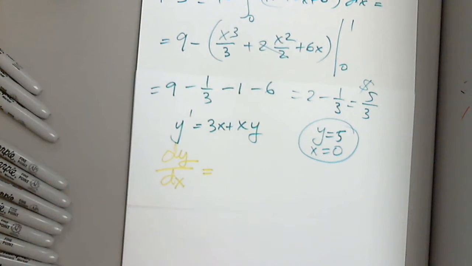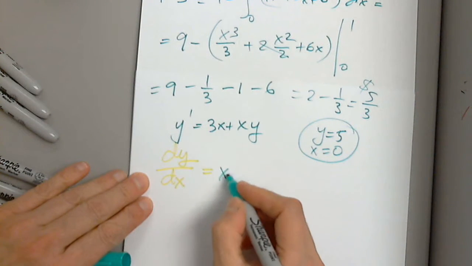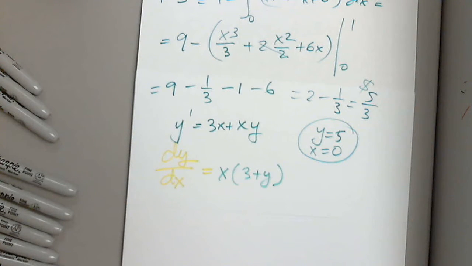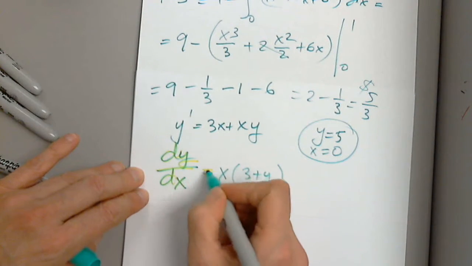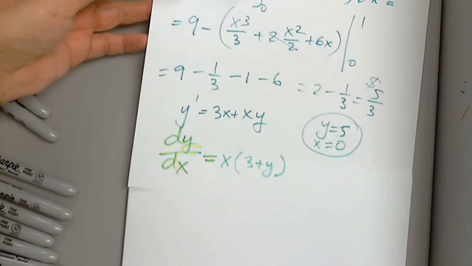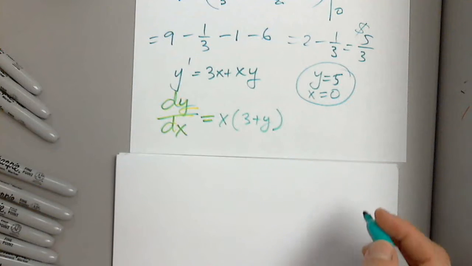Very good. And I will factor out x, and I get 3 plus y. What now?